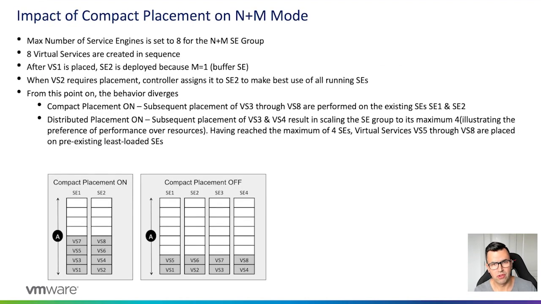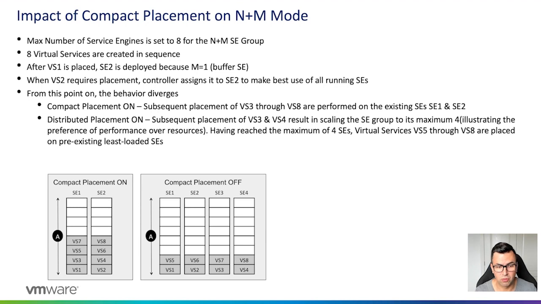Let's go through an exercise and see how compact placement on N+M affects the placement of the virtual services. We have a maximum number of service engines set to 8 for this N+M SE group. We have 8 virtual services that are created in sequence. Because we have the compact mode, we start deploying, and they're all configured in sequence.